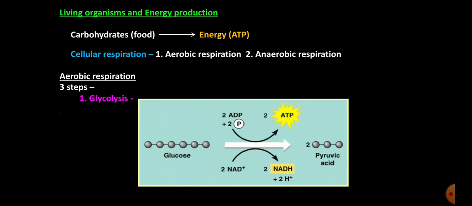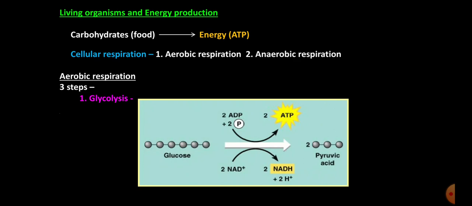Now this process takes place in the cytoplasm. Okay. Now the pyruvic acid which is formed during this process, that is the glycolysis, it is converted into acetyl coenzyme A, right? And 2 molecules of NADH2 and carbon dioxide are produced.